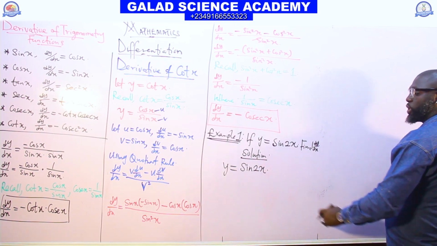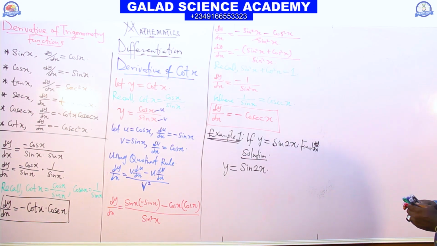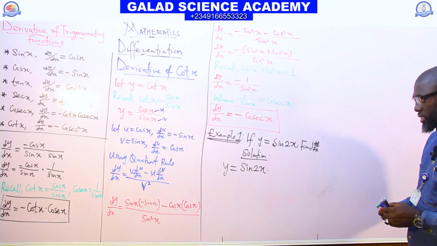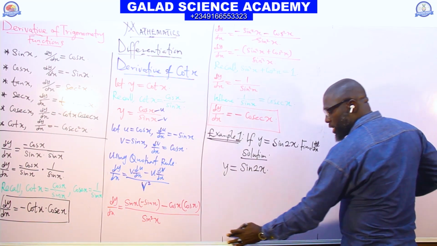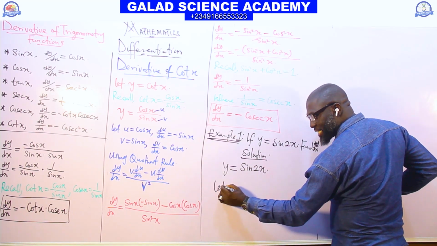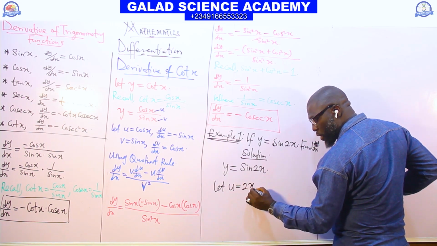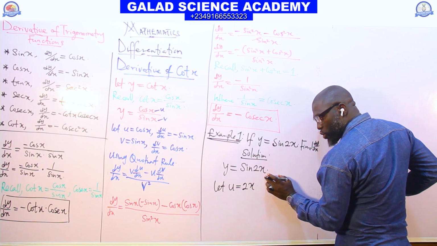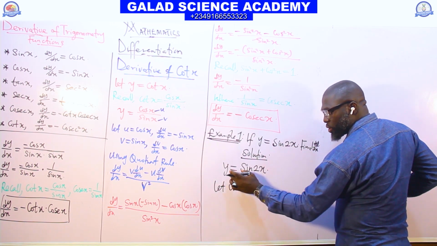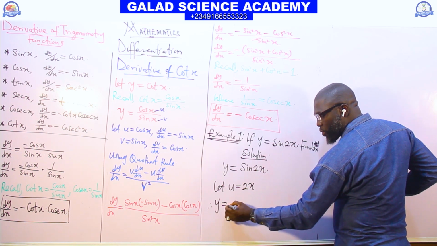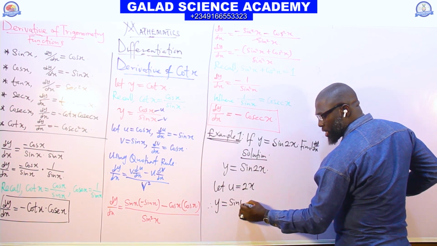To solve this kind of question, this is not ordinary x, it's 2x. The step you take is to let u equal 2x. If u equals 2x, then y will be equal to sine u.